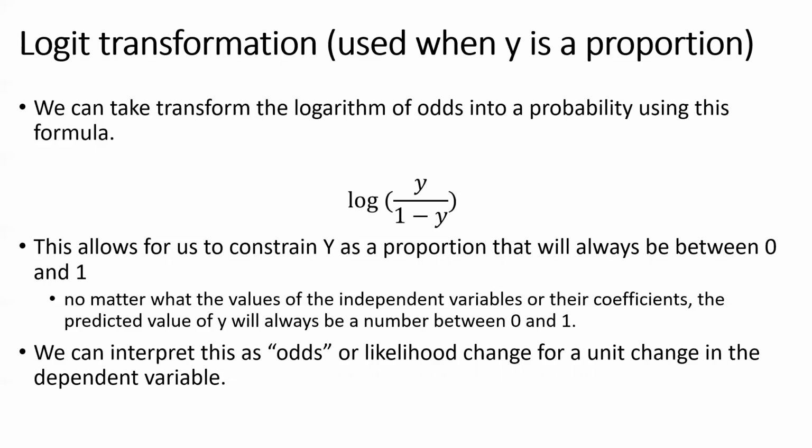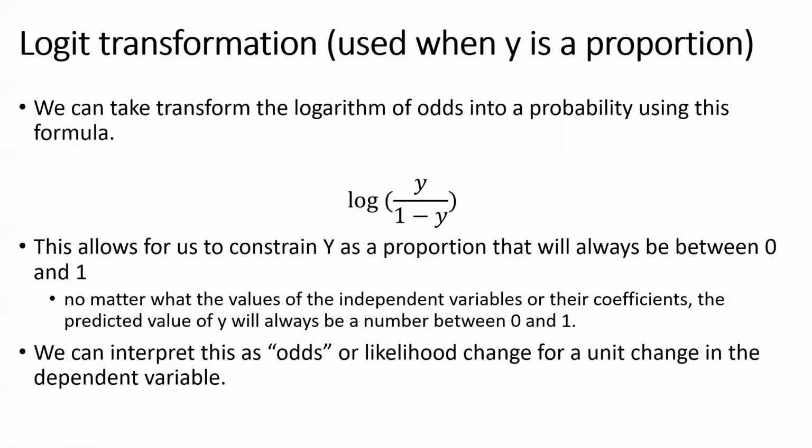So you could run the proportion of those who voted in the election over those who didn't vote and take the log of it. This allows you to constrain the proportion between 0 and 1. We know that you can never have a proportion larger than 1, that's more than 100%, that's more than everybody. So taking the logarithm bounds it within that range of 0 and 1, and provides a really good interpretive model as well.